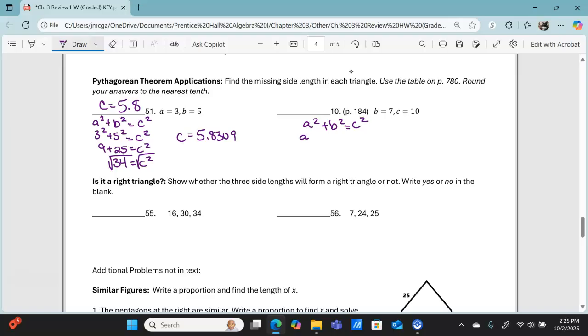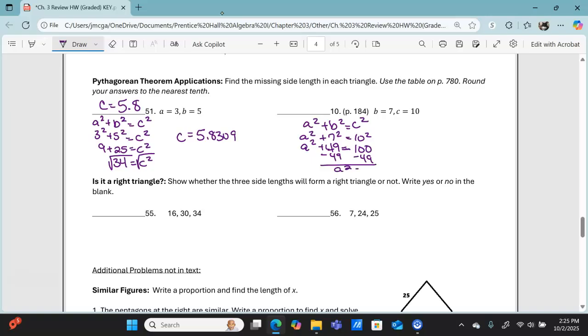And then number 10, a squared plus b squared, and this is coming from page 184, which is the actual original section on this. 7 squared equals 10 squared. So here we're missing one of the legs as opposed to the hypotenuse. So we get a squared plus 49 equals 100. Subtract 49 from both sides.